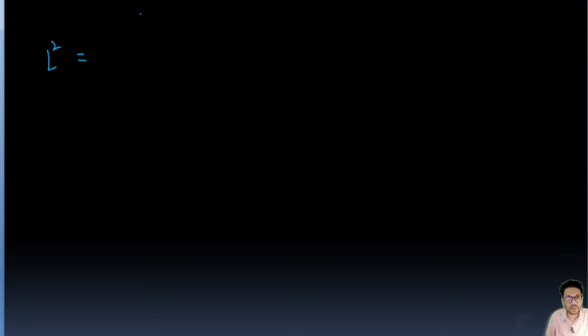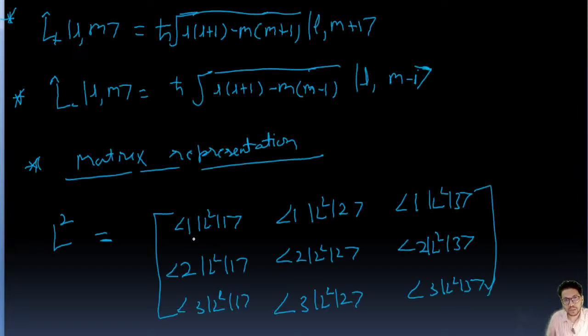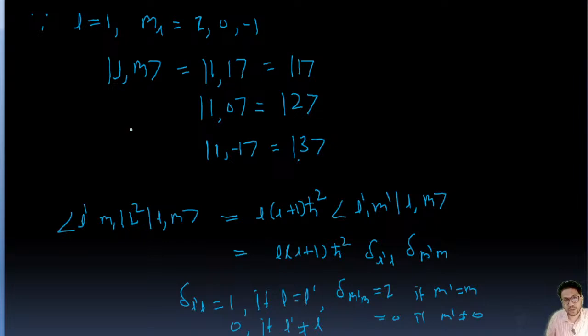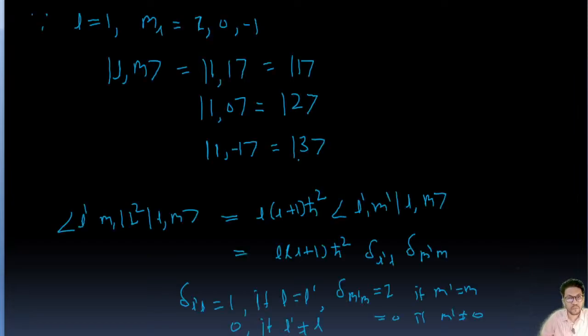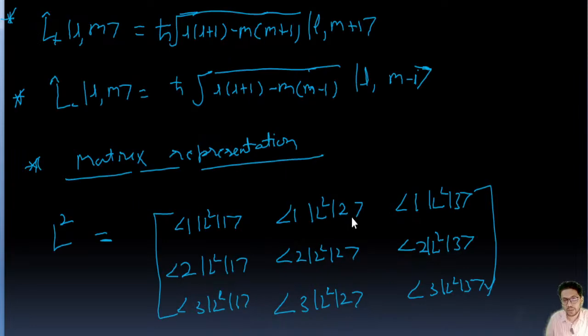Now we will write the matrix representation of L square. It is a 3 by 3 matrix. State 1 is |1 1>, state 2 is |1 0>, and state 3 is |1 -1>. Now in place of these states we write the values and then we evaluate.